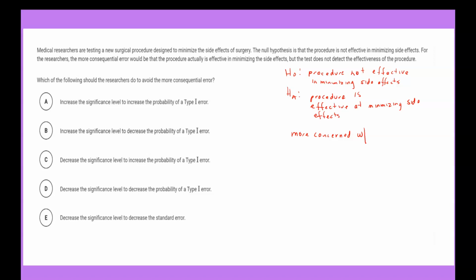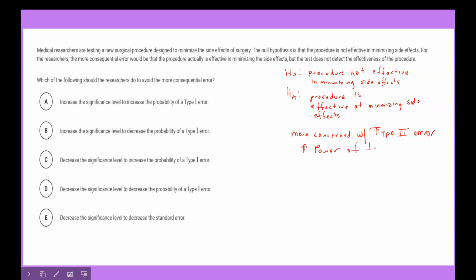So they're more concerned with making a type 2 error. So you have to decide what are ways that I can reduce having a type 2 error. You can reduce it and actually increase the power of the test. So they want to reduce the type 2 error, which in essence means you want to increase the power of the test.